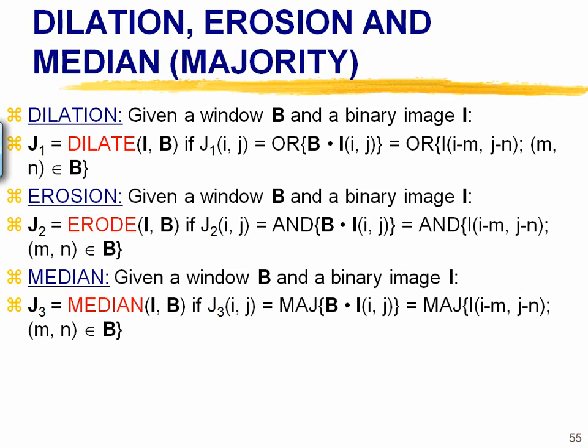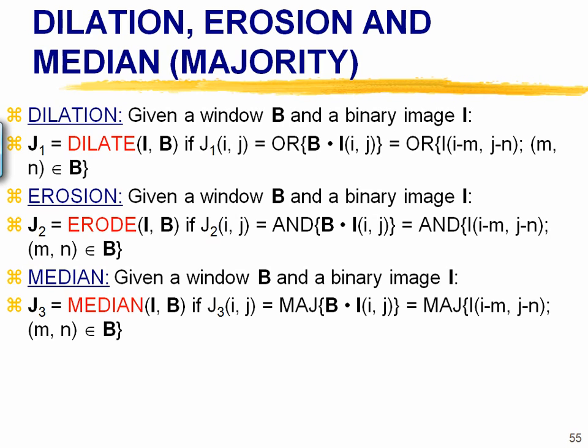Okay? So if I take all the values in my windowed set and simply perform an OR, and take the end product of the OR operation and replace the i, j value of my image with the result, and that helps me construct a new image, it turns out that the new image will be a dilated image of your original image.